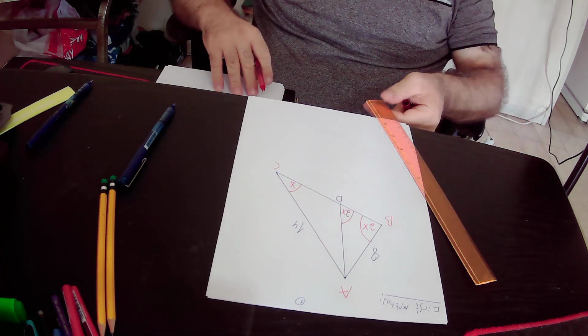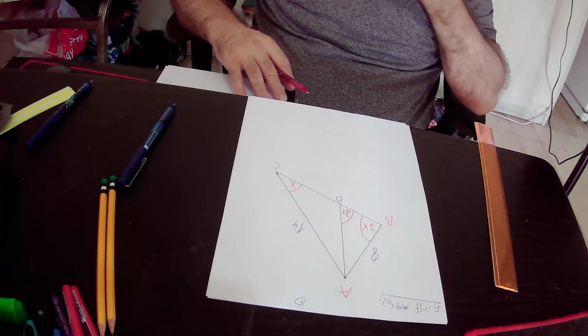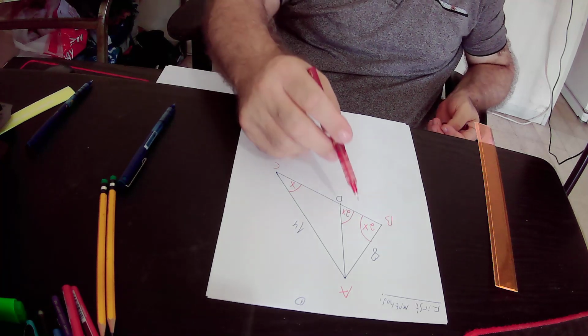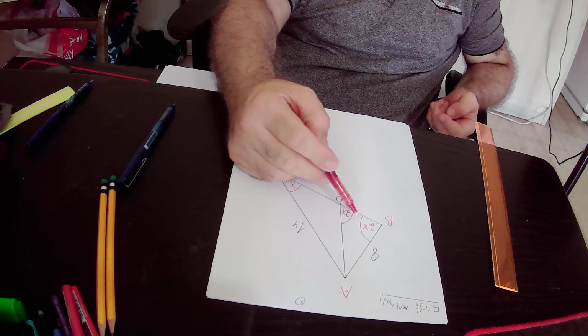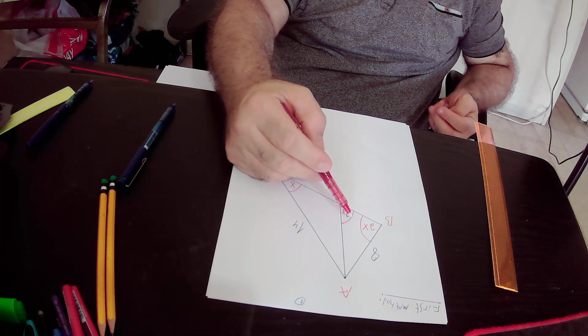So in triangle ABD, this triangle, we have two angles that are equal to each other.